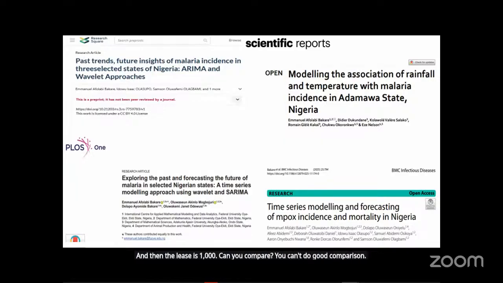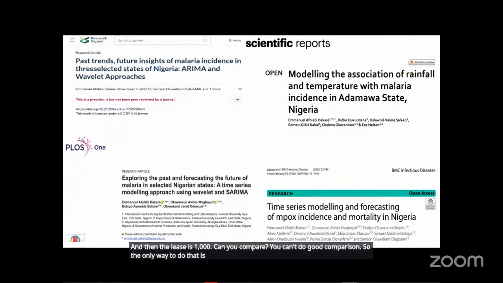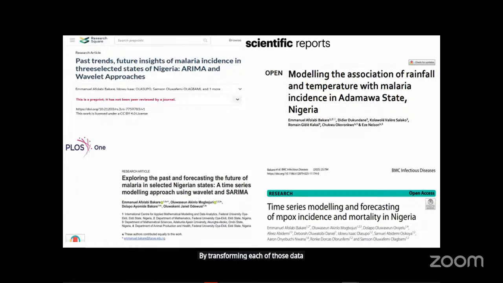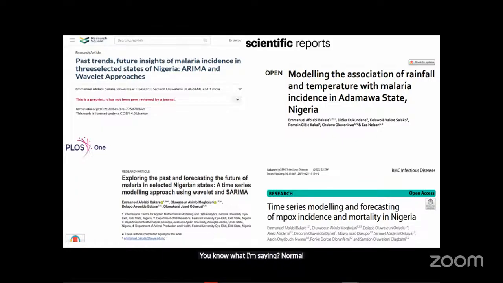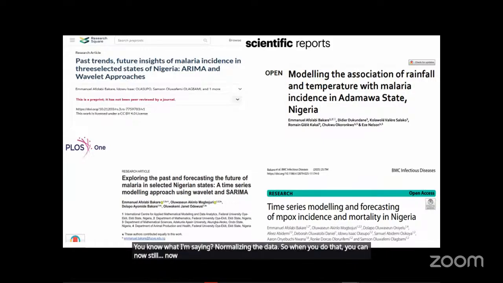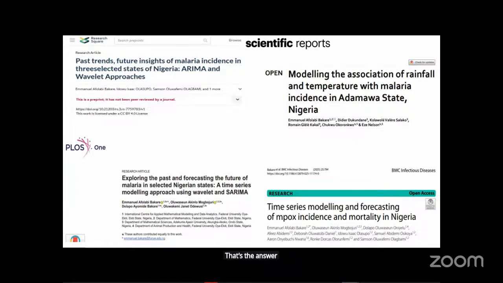So the only way to do that is to scale by transforming each of those data. You transform all of them. Once you transform all of them, you have already done a kind of denoising. You understand? Normalizing the data. So you can first of all do data transformation before you carry out time series analysis on that data. That's the answer to that question.